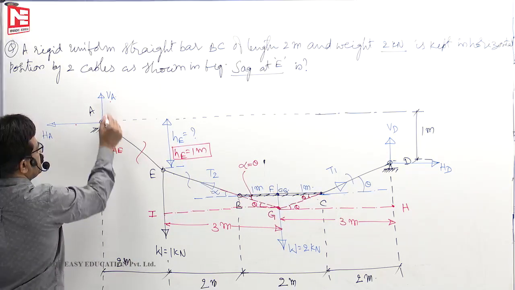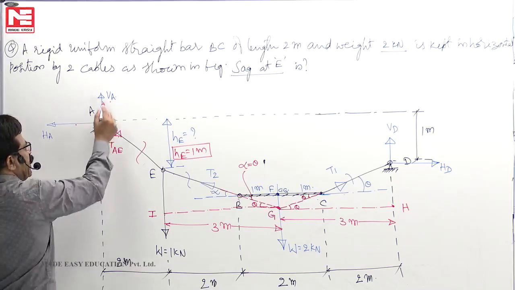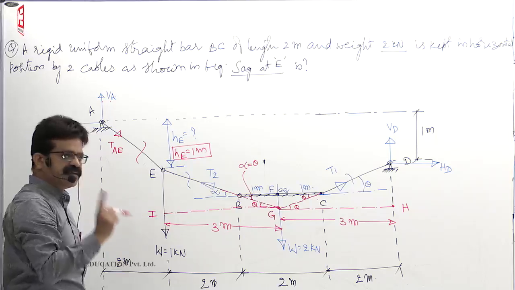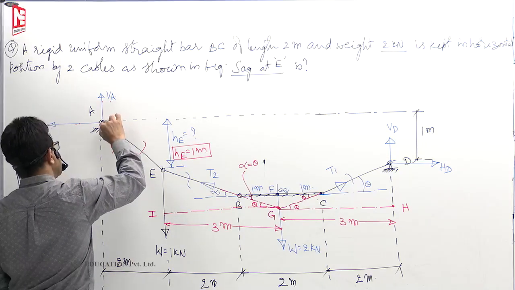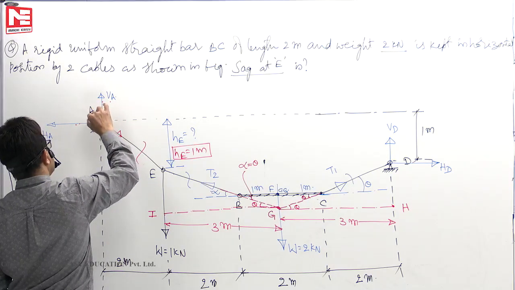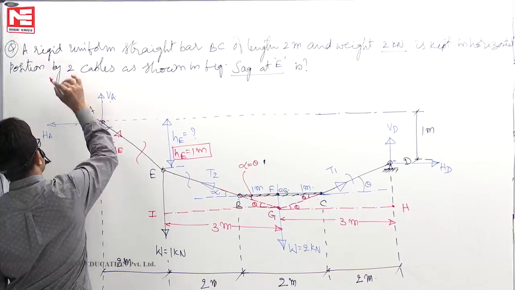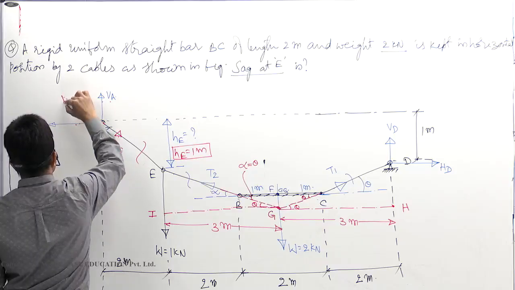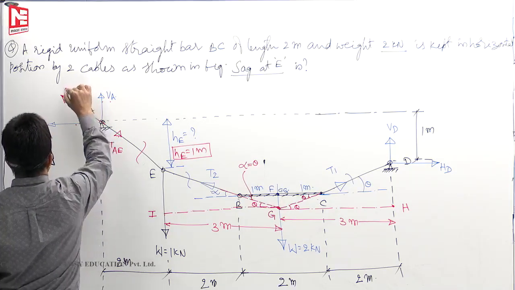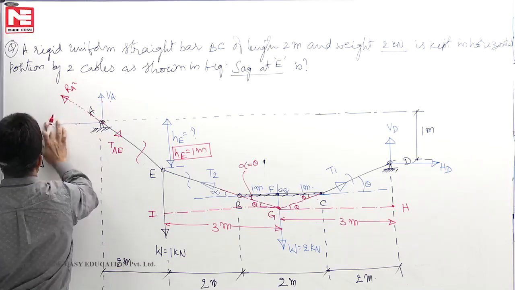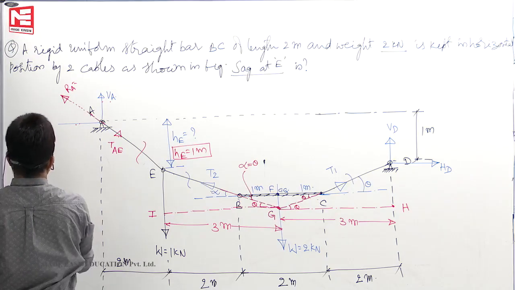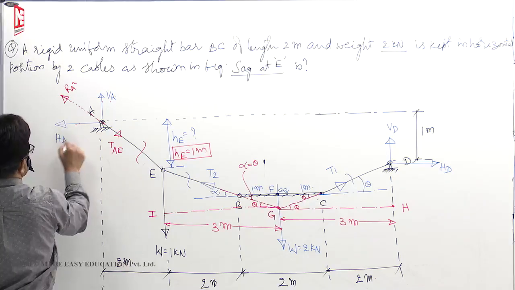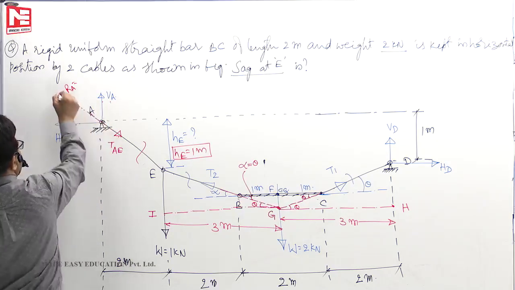One force is here. There are two forces here. I can replace these two forces by a single force. Then that single force has no choice. It has to be in the same direction like this. This, let us say, is RA. So the resultant of VA and HA is RA.